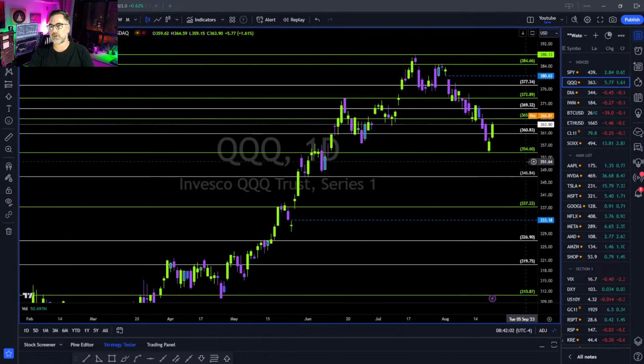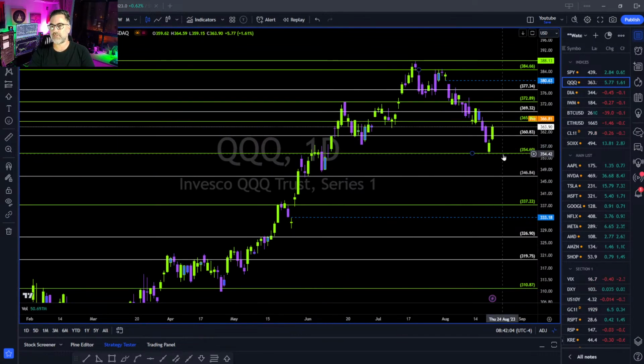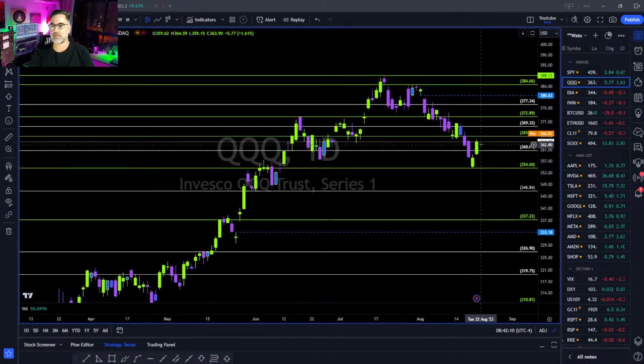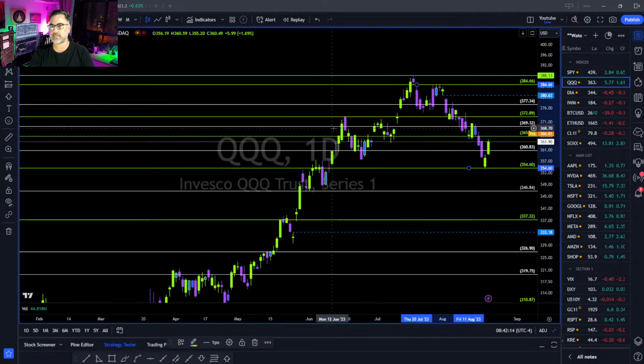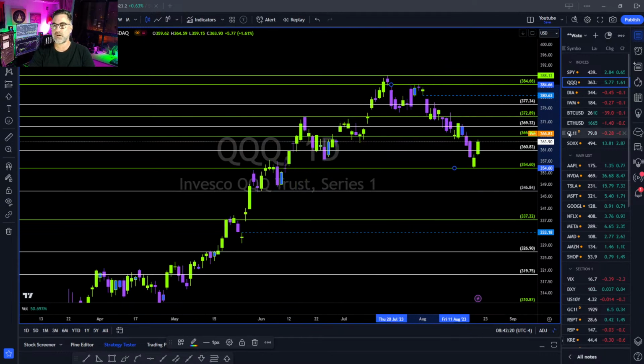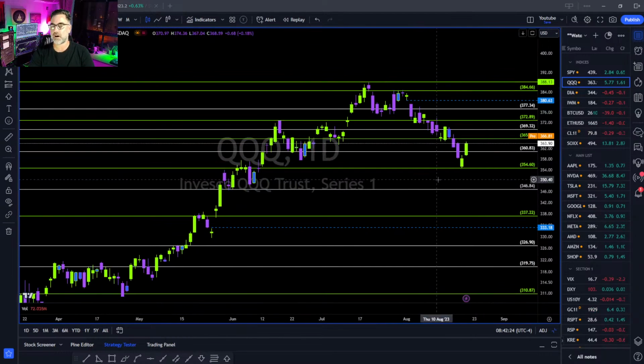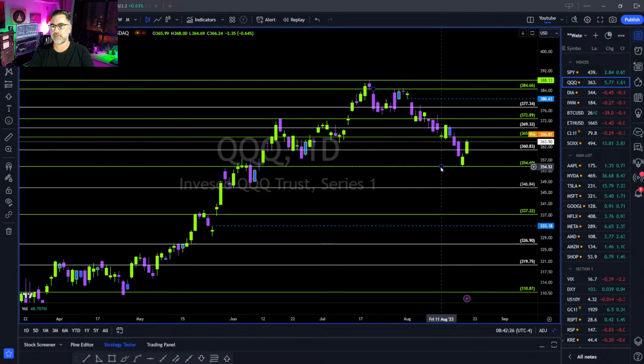Qs also same thing. 340, 354 now is the support. I'm waiting for 2 days above the 370. Look left, all this level, the 370, 372. Only look left, very tough resistance over here. So if we want to know with high probability that bulls are back, we need a close above this area over here.